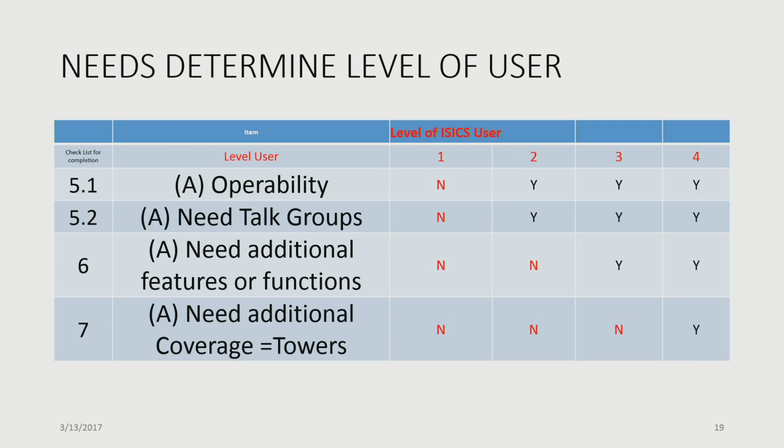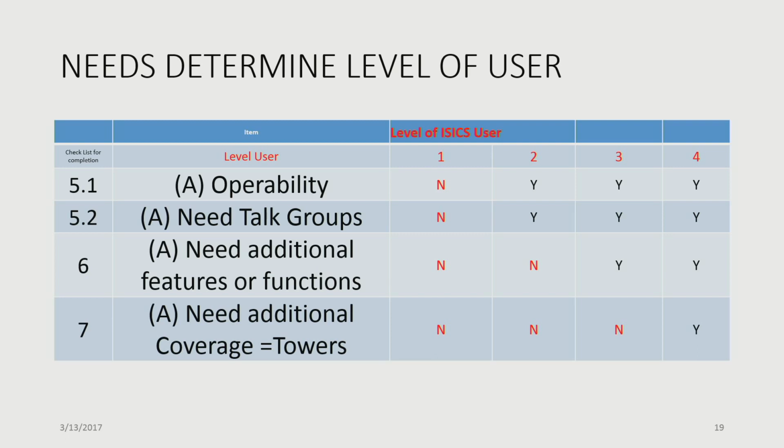So you're an interoperability user. All you need is the radios that we talked about before. Life is good. Do you need a talk group? No, you don't need your own talk group now, because you're just using interoperability channels. If you need additional features or functions, now you not only need an operability talk group, you need some additional features.